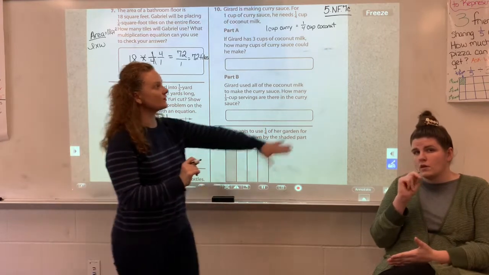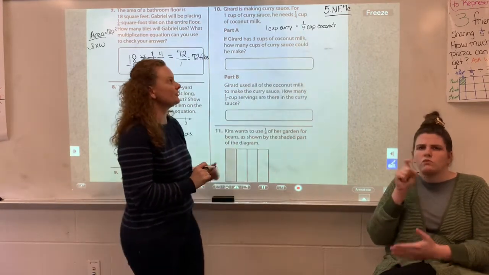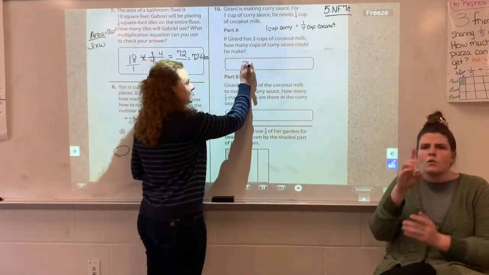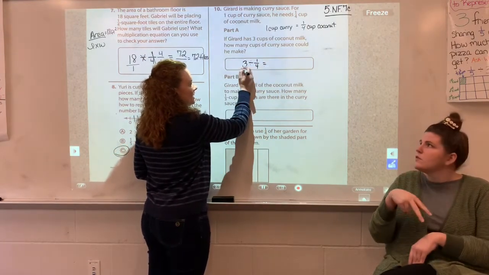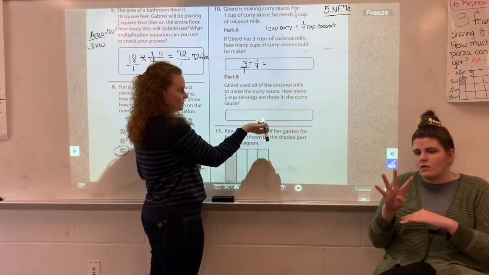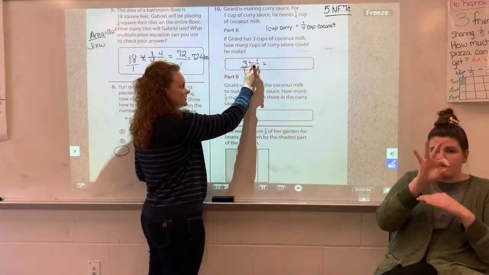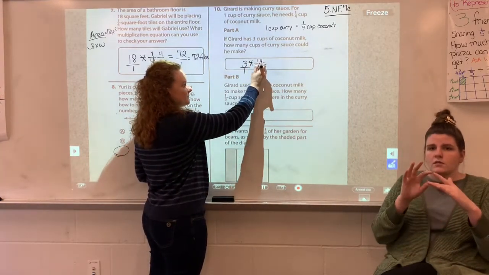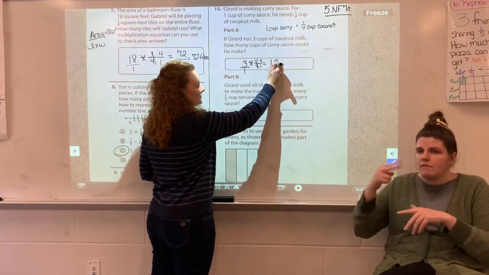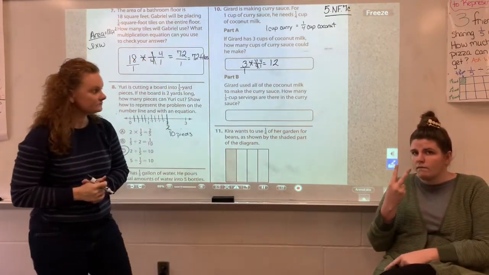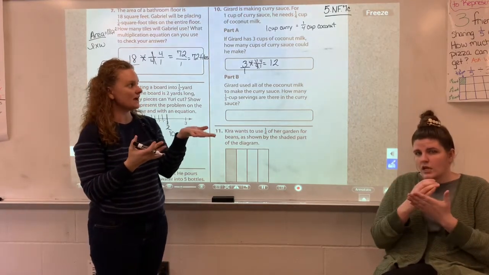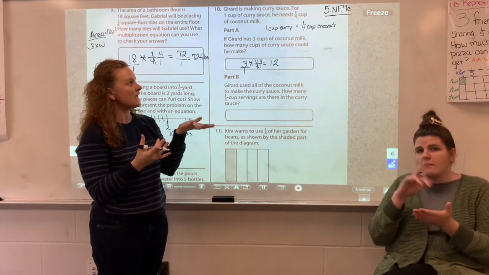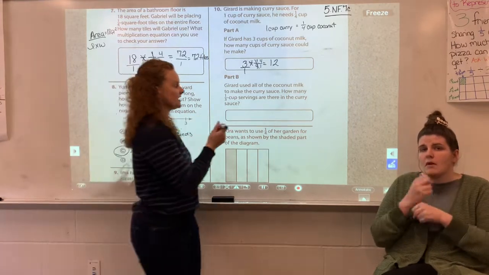Well, first of all, we have to figure out how many 1/4 cups are in 3. So we take our 3 and we divide it by our 1/4. So 3 becomes a fraction with the 1. I keep it, I multiply, and then I flip. And so I get 12, okay? So if I have 3 cups of coconut milk, that means that I have enough coconut milk to make 12 cups of curry sauce.